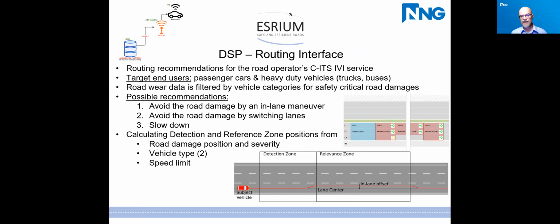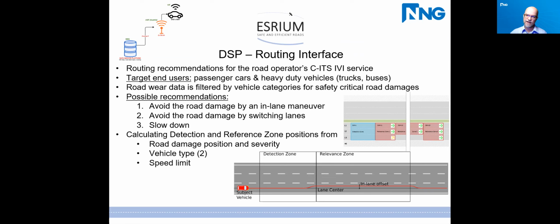Possible recommendations are: avoid road damage by an in-lane maneuver, meaning that we need to push the vehicle to the left or to the right from the actual itinerary, the actual path, in order to avoid a road damage. Or, if the road damage or the vehicle type makes it necessary, we have to make a lane change.